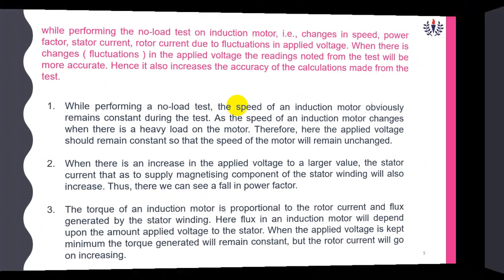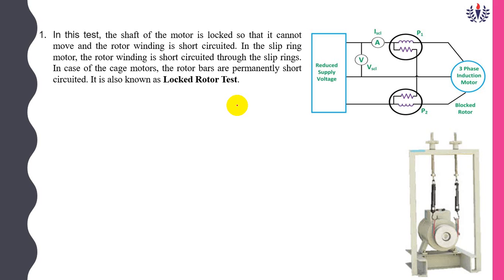These are the theory, just to go through it. Block rotor test: what I'm doing here is, this regulator, I have to make it tight. Once you make it tight, the belt will be locked to the drum. It will touch the drum and it will be locked.